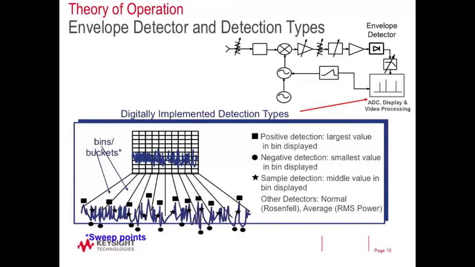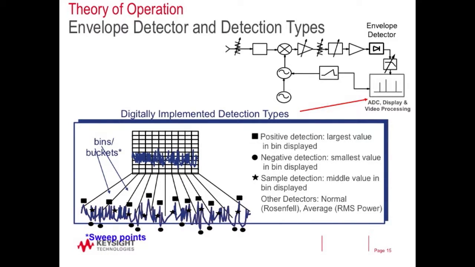Typically you will choose a certain number of points, and for our instruments, it's like 1,001 points. People think, well, we're only taking 1,001 data points. That's not true. That's maybe the number of points displayed on the screen. We're actually taking quite a bit more than that. When you pick 1,001 points, those are really display points.